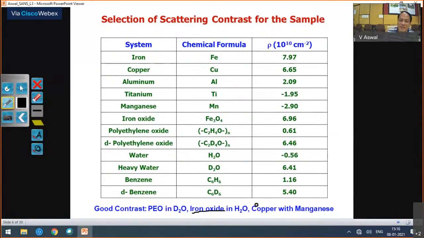And if you have, let's say, some alloys of copper with manganese, copper is 6.65 and then manganese is this, so it will work very nicely, but not copper with iron. So if you want to see in a copper-iron alloy whether there is clustering or something like that, then this will not work in the case of neutrons. You have to find the right combination, or at least you should know that this will give you enough scattering, or enough contrast, in the case of neutron scattering.